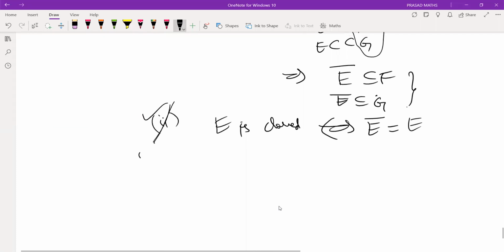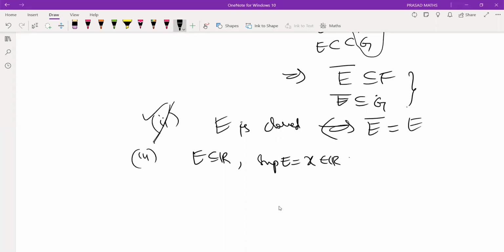Right? Third one. Suppose E is a subset of R. E is bounded above. In fact, if the supremum of E, suppose you take some X, it's a real number, that implies this X is a member of E closure. This is also a very important property in Rudin. If at all there is a supremum, that supremum is a point of the closure.